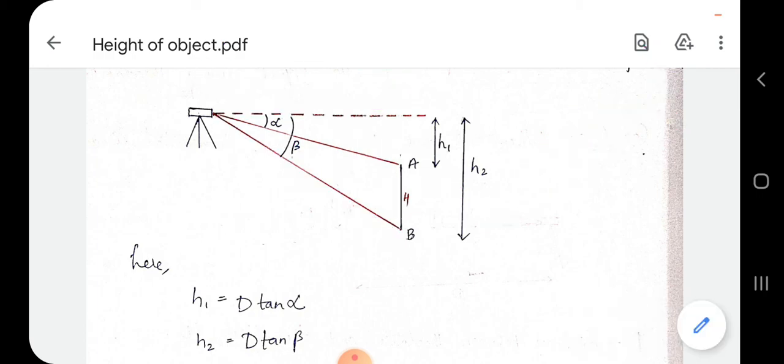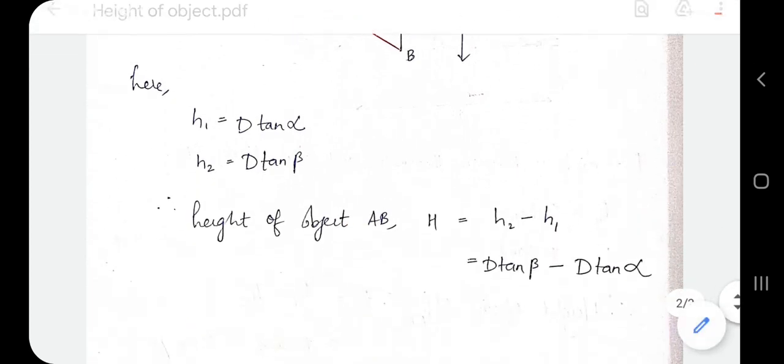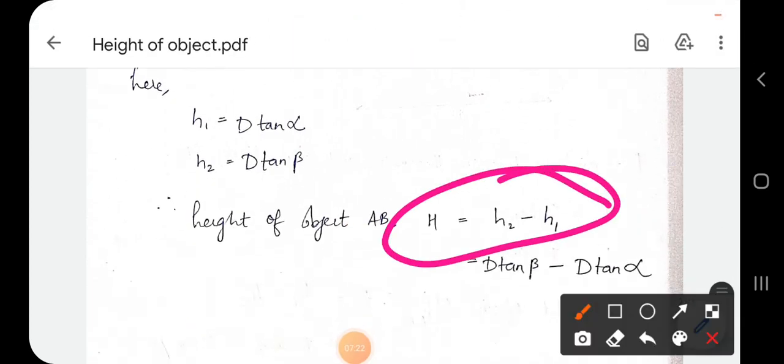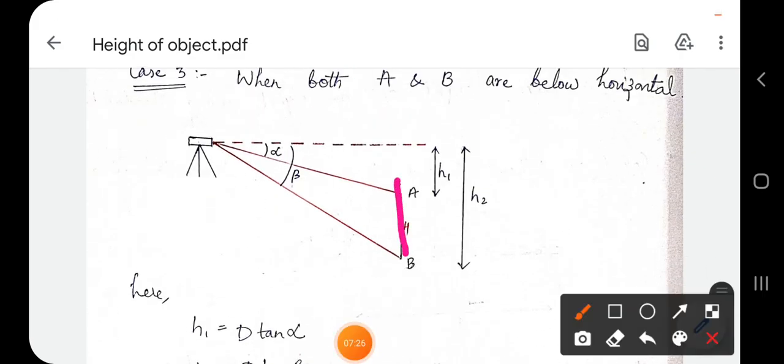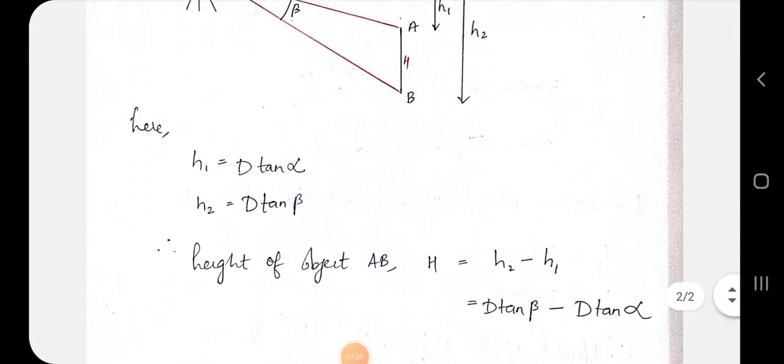Simple. So from this we can find the height of the object: h will be equal to h2 minus h1. So that is how we find the height of the objects.